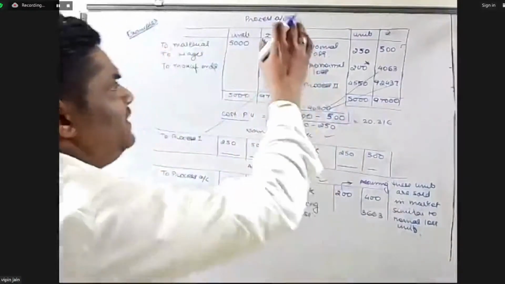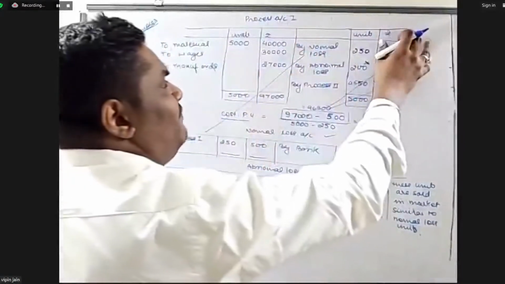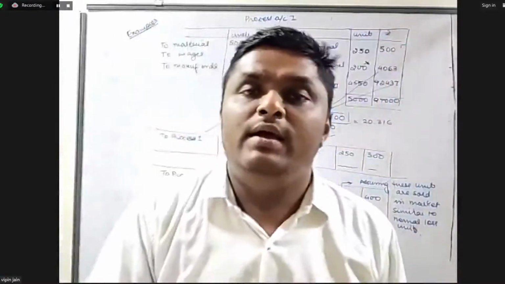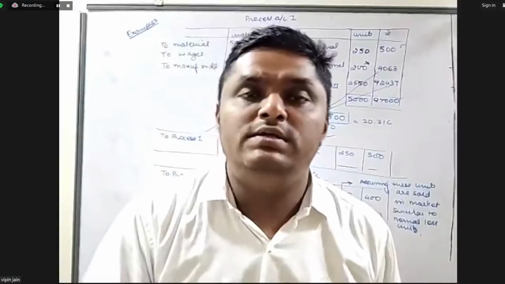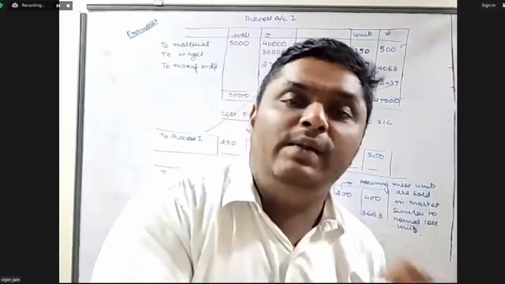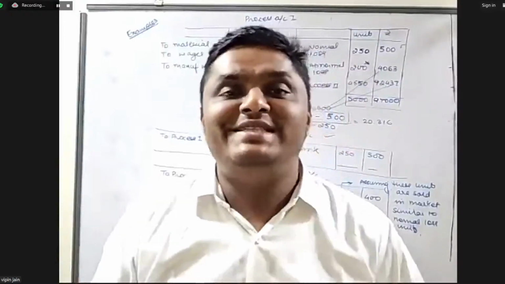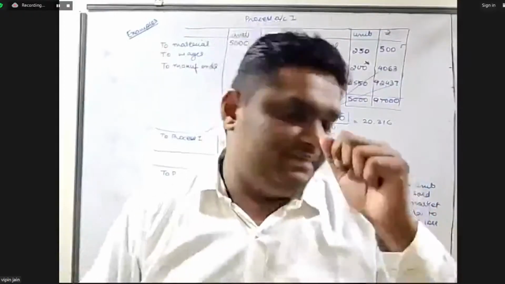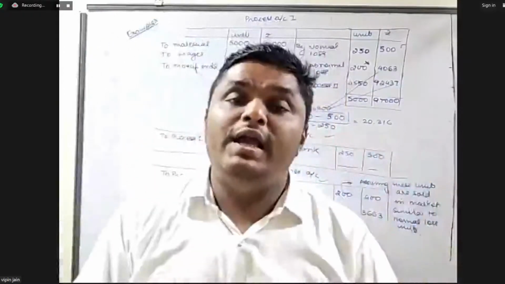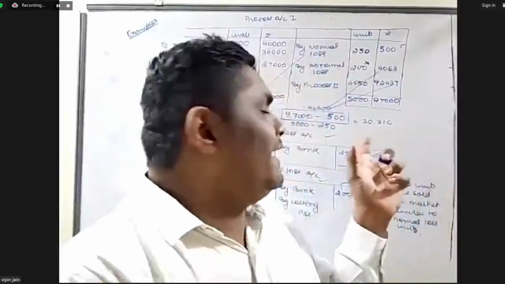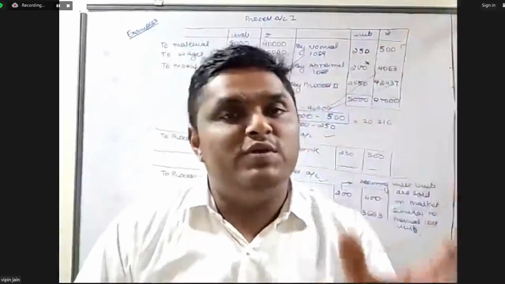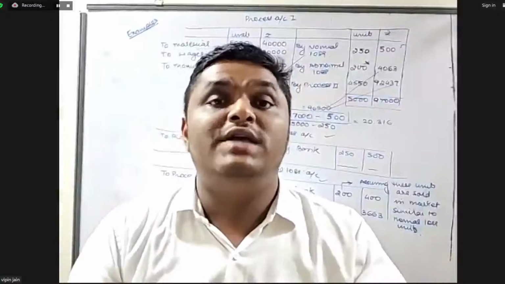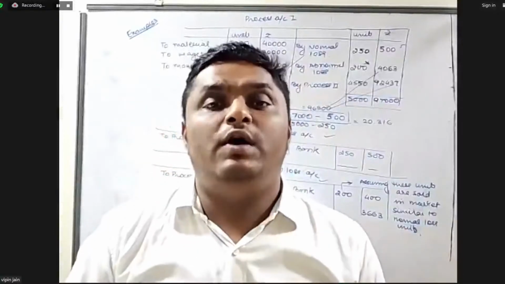See, the concept is very simple. The cost per unit is the process cost minus the scrap value realized on sale of normal loss, divided by my expected output.